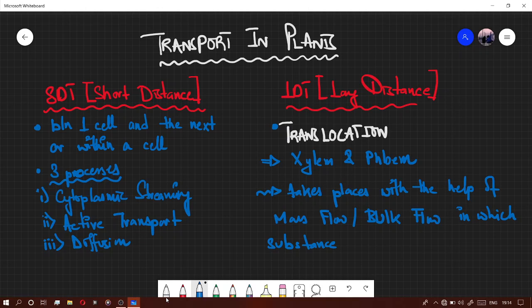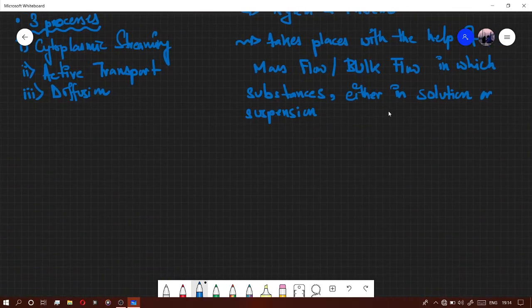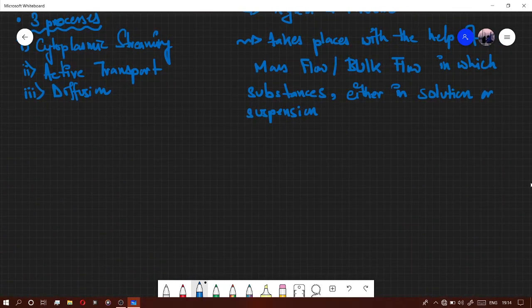I will be highlighting the keywords. In NCERT it is written just like in a flowing river.